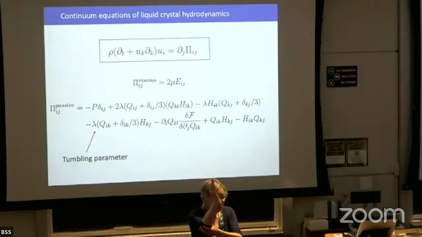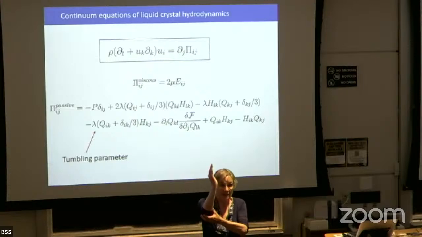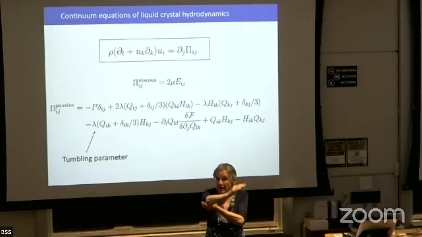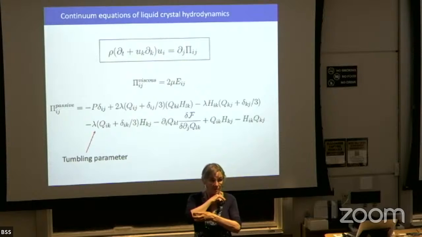It's the Q. If I have an order parameter like this, if I have a molecule like this, and it starts turning, it will induce flows. It will induce a stress in the fluid. So my Q tensor, my nematogen, as it turns, will set up flows.